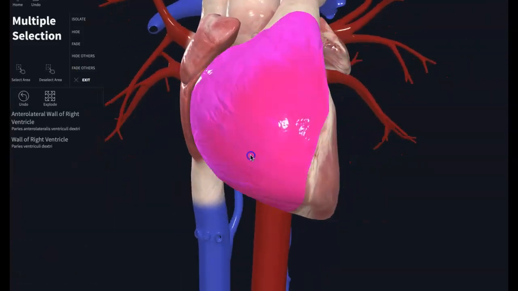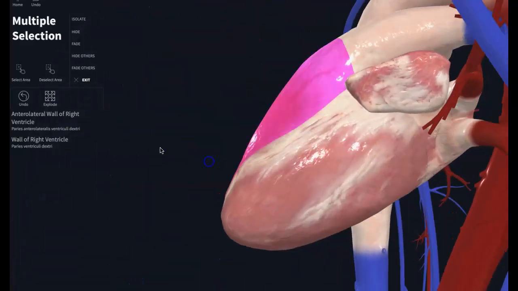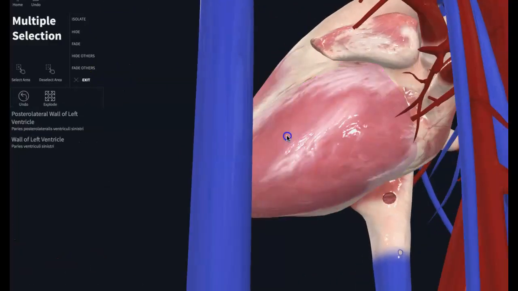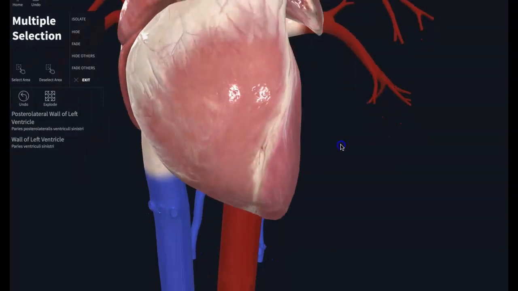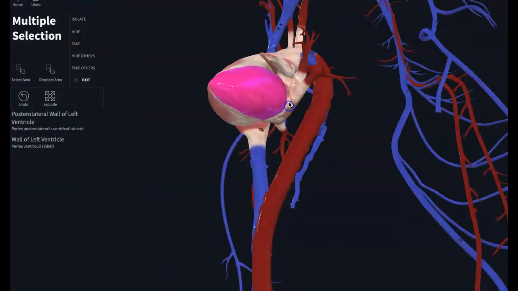So this also comprises approximately 2/3 of the lower border, or the inferior border, of the heart. And then moving around to the left side, we have the left ventricle. Okay, so here's the left ventricle on the left side of the heart. So looking from the front, that's where the left ventricle is. So the inferior 2/3 of the left border consists of the left ventricle.